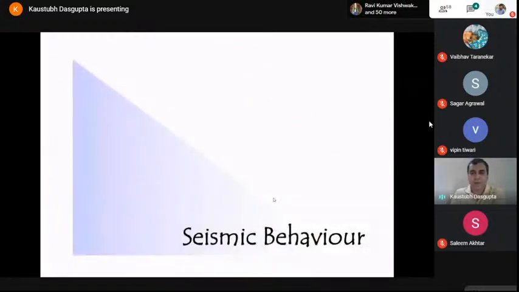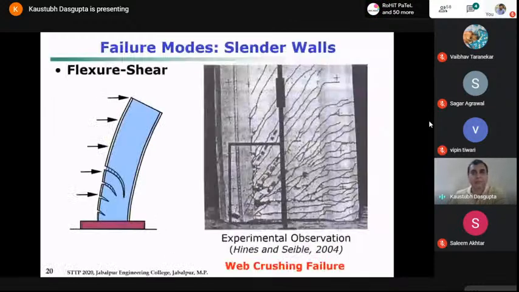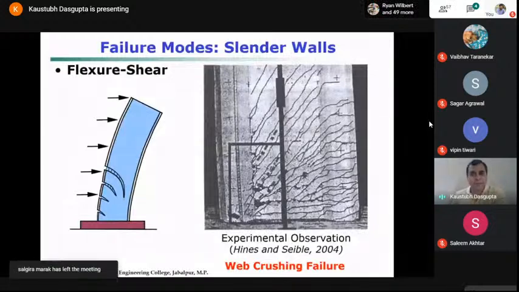Once we know the basics of the different components, let us look at the seismic behavior. First, let us look at the different modes of failure which were observed in past earthquakes. Let us look at the cantilever behavior, that is for slender walls. This was from an experimental observation, a laboratory test which was carried out in some other university.